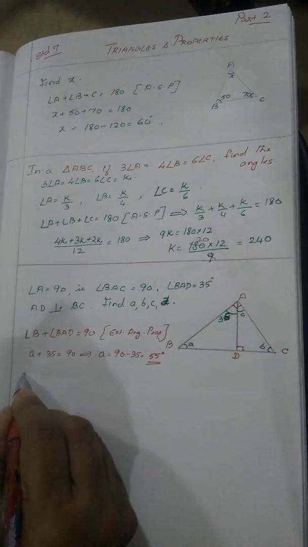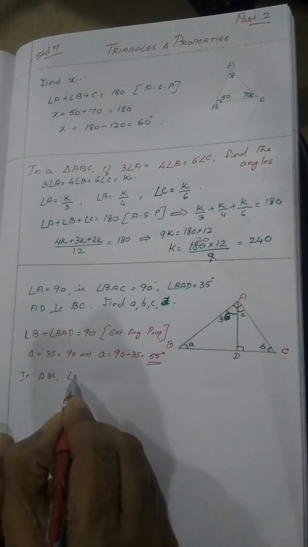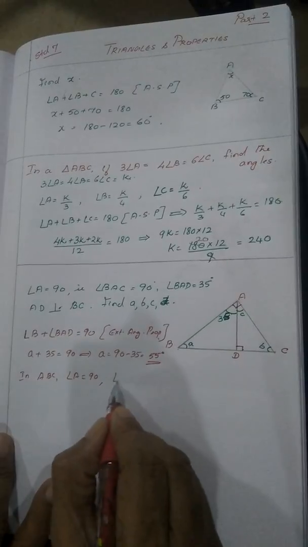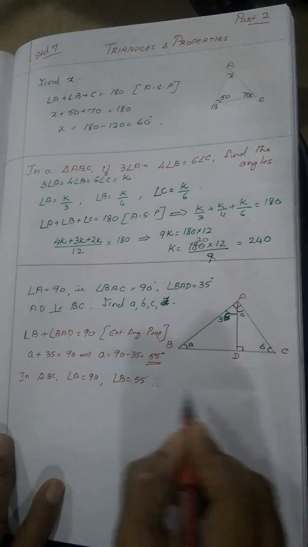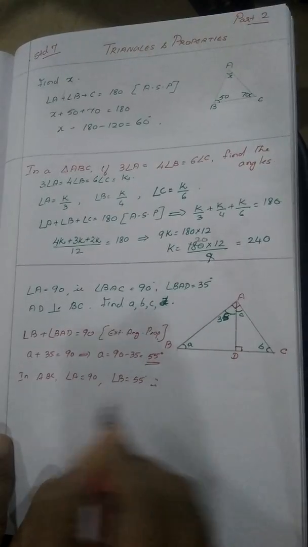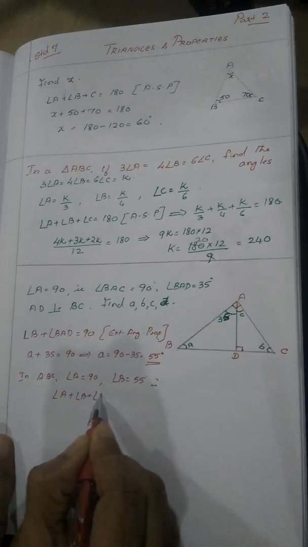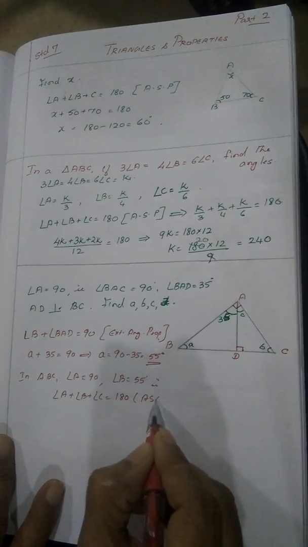Now in triangle ABC, angle A is equal to 90. Now we got angle B is equal to 55. Therefore, we can find angle C. So angle A plus angle B plus angle C is equal to 180. Angle sum property.